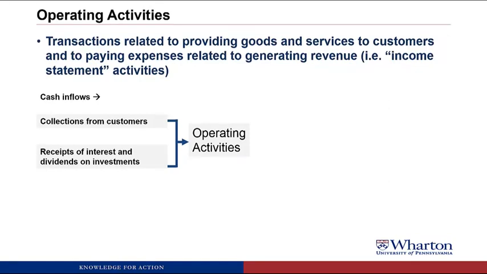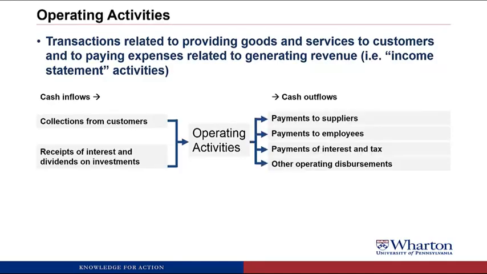So we'll see cash inflows like collections from customers, but other sources of revenue or positive income like receiving interest or dividends on investment. And we'll see cash outflows like payments to suppliers, payments to employees, payments of interest and tax, other operating disbursements like payments for advertising, legal fees, and other things like that.